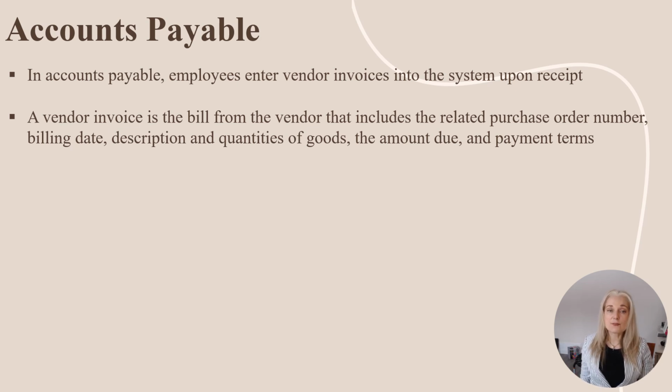The vendor invoice is a bill from the vendor that includes the related purchase order, billing date, description and quantities of goods, the amount due, as well as payment terms. So in this case, it is very, very important to look at the vendor invoice versus the receipts report versus the purchase order to make sure that everything reconciles and everything is accurate.